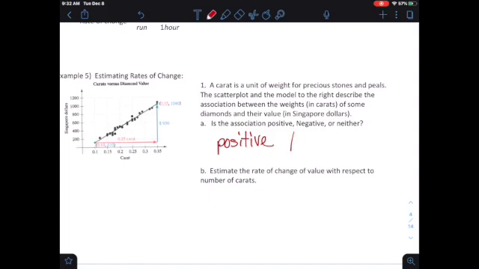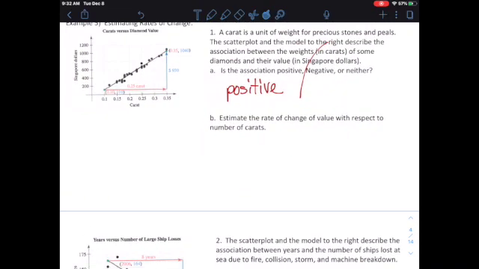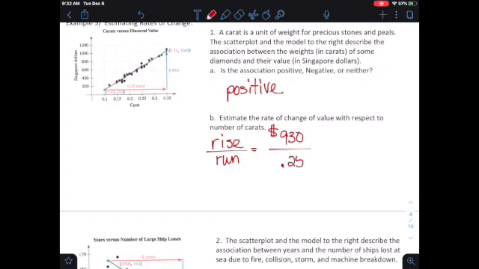And the way we're going to do it is relate it to the points they give you. Rise over run, that's the formula we had before. The rise is going up, so that's going to be $930 over the run. The run is going to be 0.25 carat.